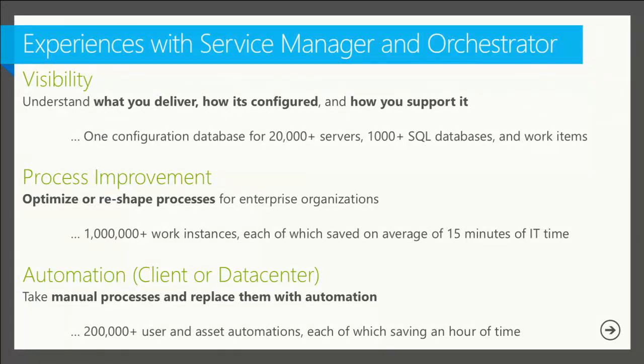So lots of content in the CMDB, lots of work happening in Service Manager, lots of automations delivering a lot of value to our business. You can see up there a couple examples where we're saving an hour of time on a per automation basis. Multiply that times hundreds of thousands of automations, and in large business scenarios, you're seeing a lot of things delivered. In small or medium business scenarios, you're getting the same things, just a matter of scale, right?